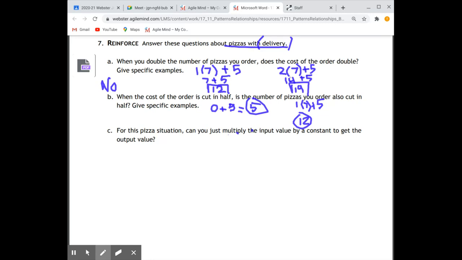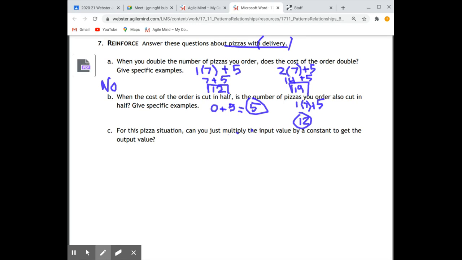Great job. If it's not proportional, then it will not pass through the origin or it will not be a straight line. It has to meet both of those in order to be a proportional relationship. It has to be a straight line that passes through the origin. If it's not, then it's not proportional.